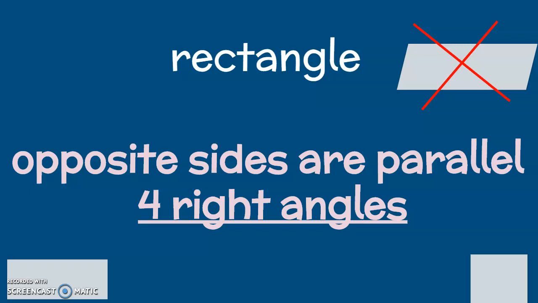So believe it or not, a square is also a rectangle because the definition of a rectangle, all you need are opposite sides parallel, which the square has, and four right angles. And remember, a right angle is 90 degrees.